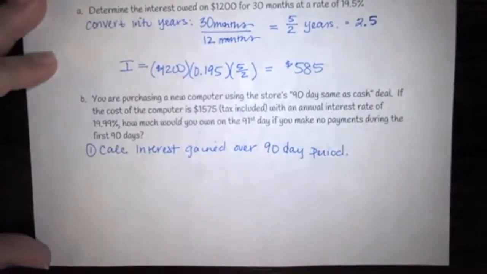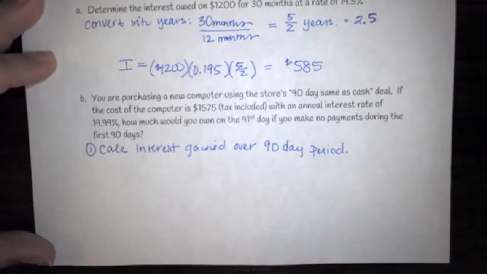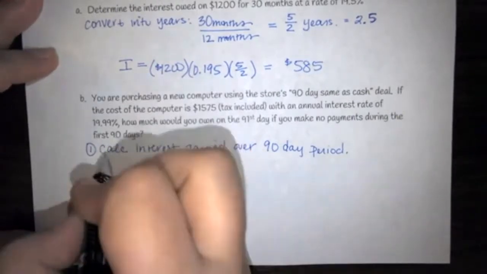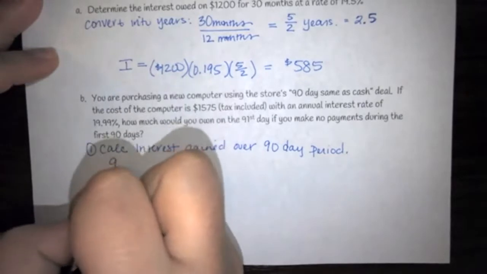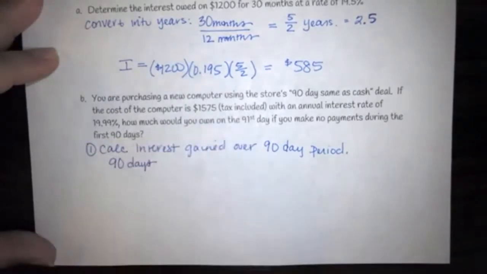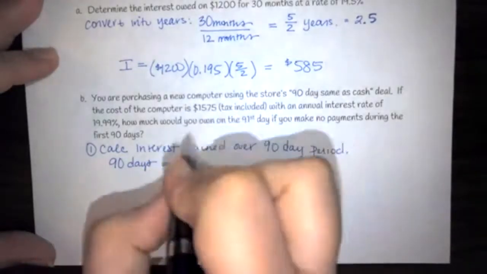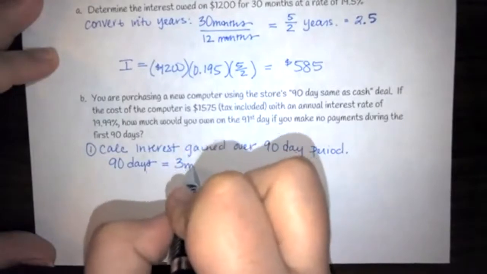Now the reason for that is because you're not paying anything, but you are still gaining the interest. So there's a few things that we have. First, we have 90 days, which is the same as 3 months.